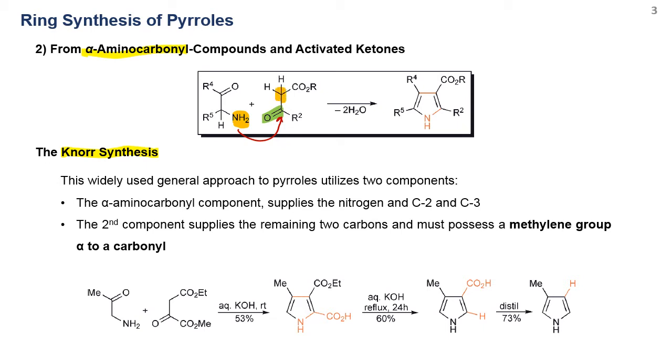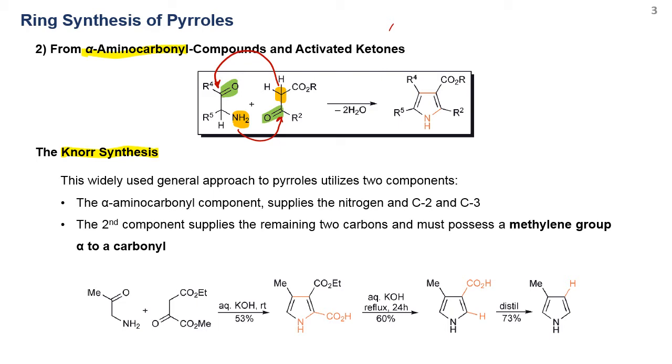So this one will be nucleophilic, and eventually this will react with a carbonyl group on the alpha amino carbonyl compound. After removal of water, this will form the aromatic system, which is Pyrrole.